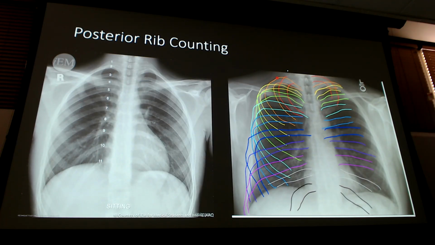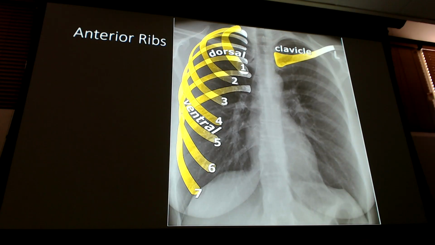So I am going to teach you a simple way to count your posterior ribs so you don't get confused, hopefully. But that relies on learning how to count your anterior ribs first. So I'm going to go back to posterior in a second. Do you see the steep downward curvature of each of the anterior ribs?